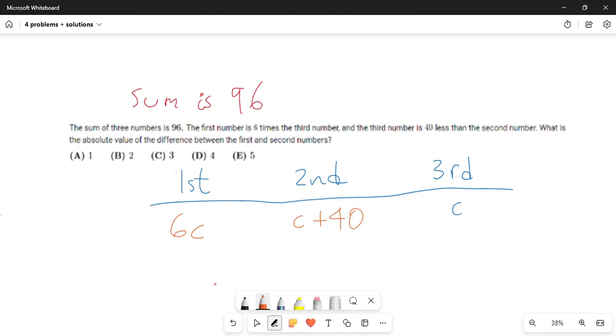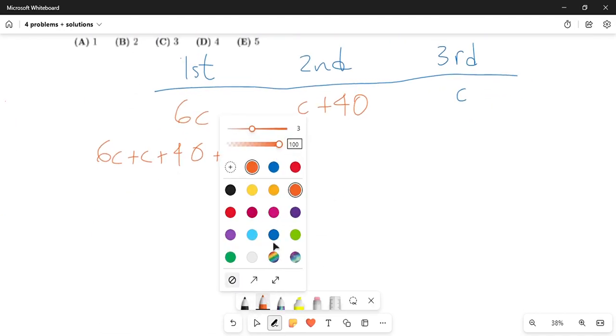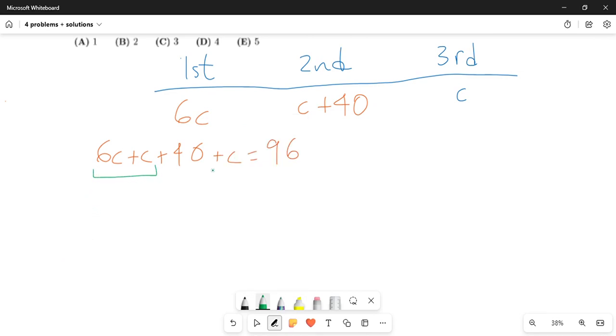Okay, so the sum is 96. So, setting this up into an equation, we could just do this equals 96, go down, and then you combine the common terms, so you get 8C plus 40 equals 96.